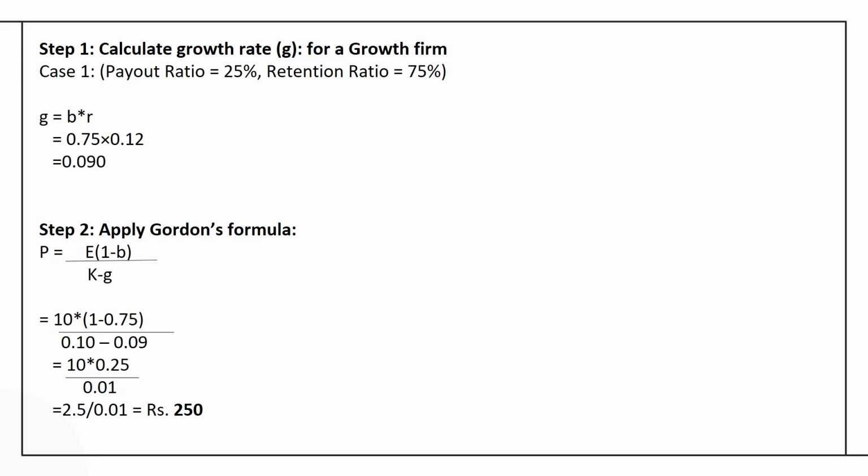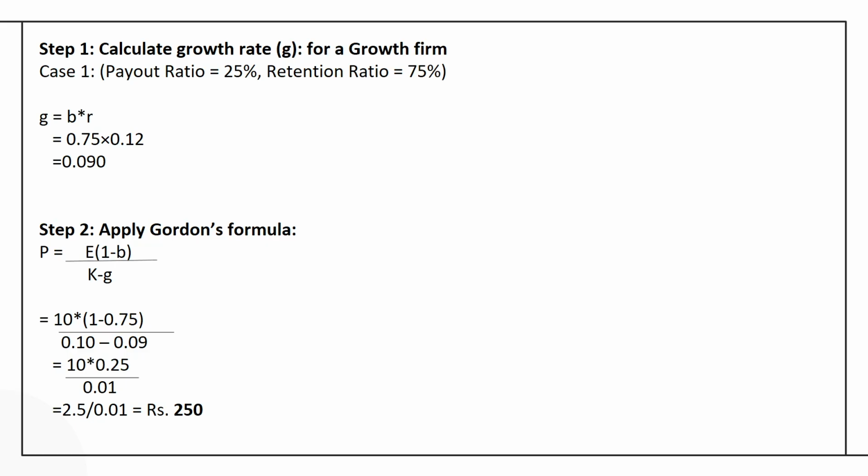So, when we assume that the company is earning 12% on the 75% retained, the growth rate is 0.75 into 0.12, that is the rate of return, which gives us 0.09 or 9% as the growth rate of the company. I hope this calculation is clear to all of you.